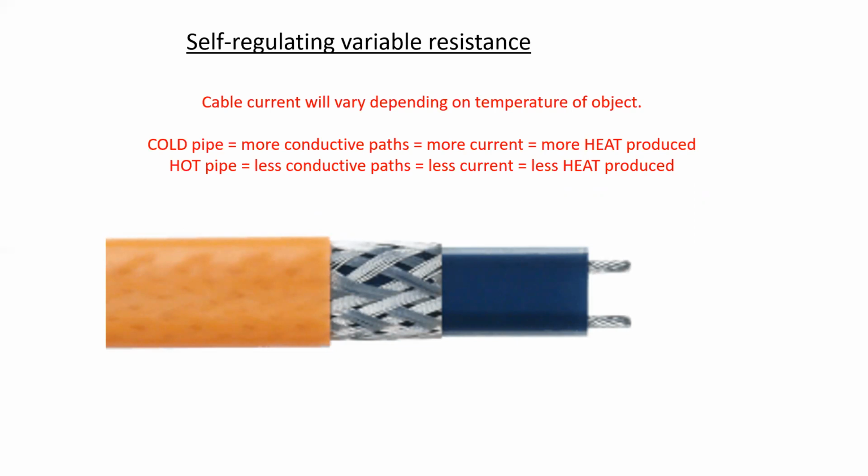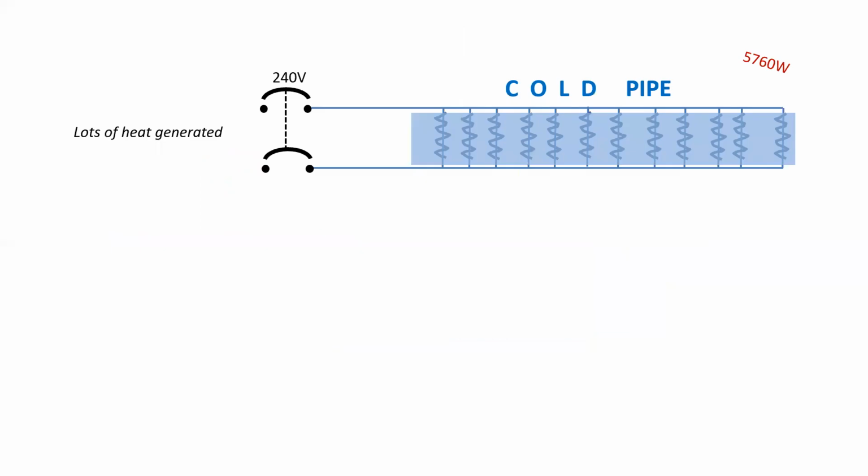If there's a cold pipe that it is wrapped to, there will then be more conductive paths due to the semiconductor material. This will then cause more current to flow and more heat will be generated. If, however, this cable were wrapped onto a hot pipe, there will be less conductive paths due to the semiconductor connection. Less current will flow and less heat will then be produced.